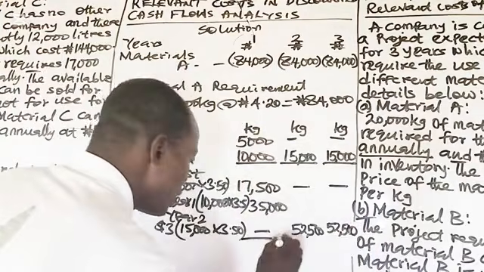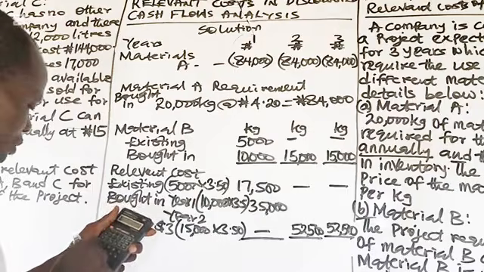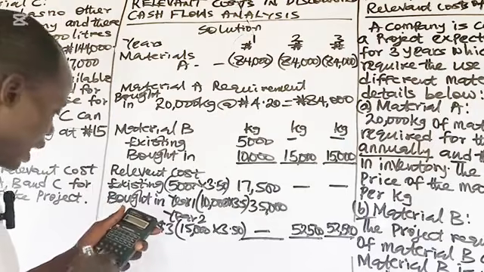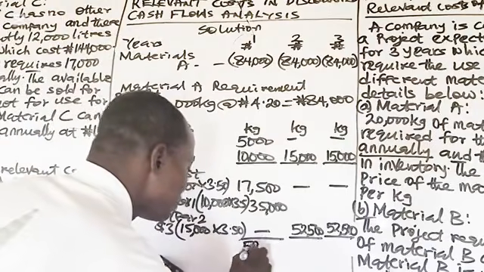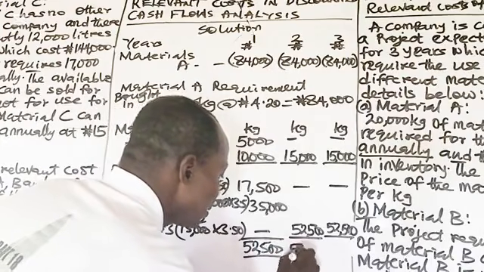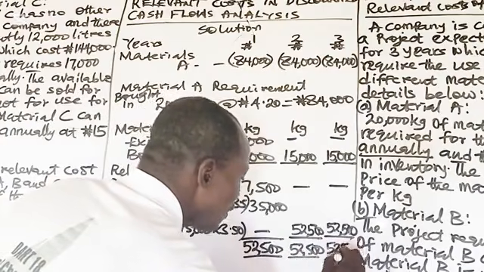So what will be the relevant cost of material B? In year 1, 17,500 plus 35,000, that is 52,500. In year 2, 52,500. In year 3, 52,500.